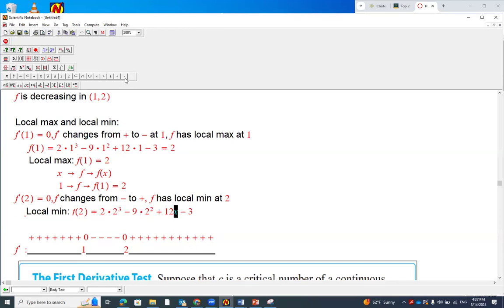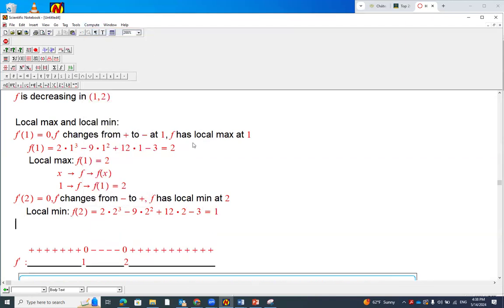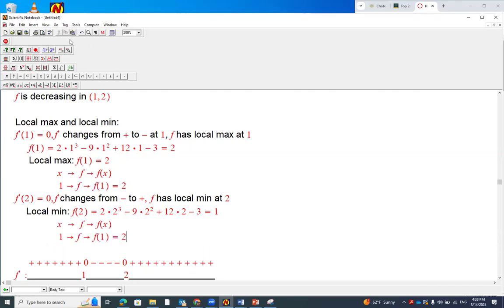Okay, so then you do your calculation. So let's see what is the local minimum. It's 1. Once again, same idea. You don't need to show this part. Okay, I'll have a closure for you. So when x equals 2, f of 2 equals 1. So this is a local minimum. Okay?